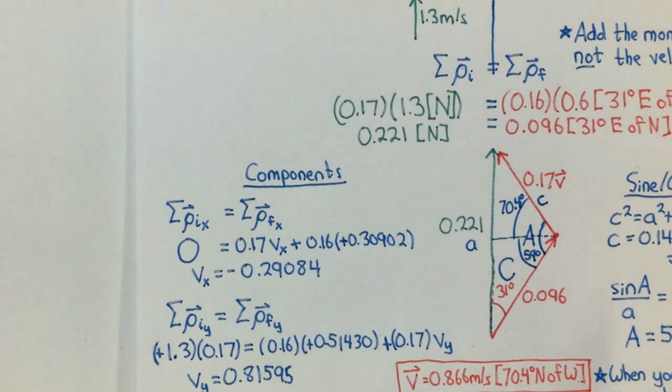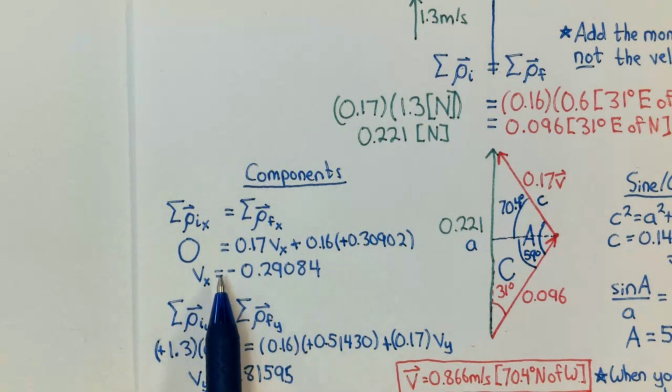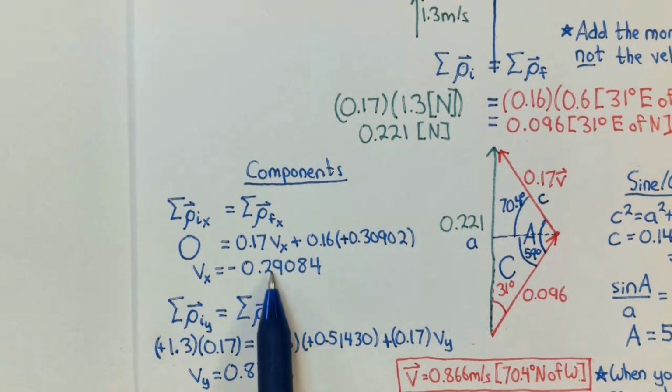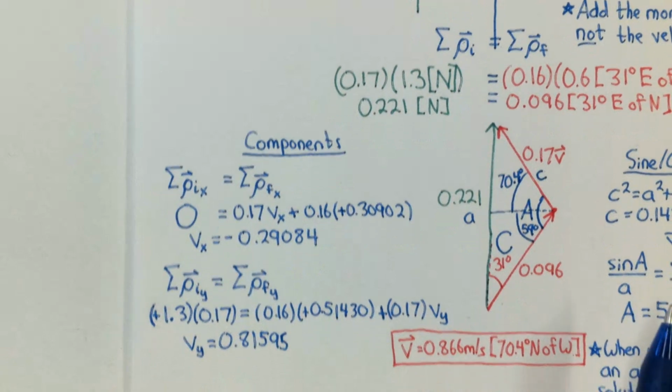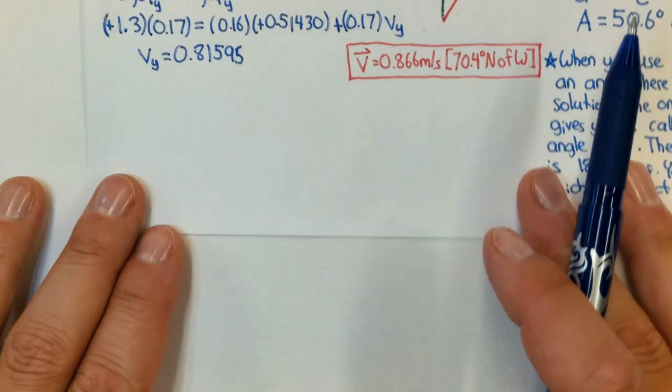Okay, so by applying conservation of momentum just in the x direction to the x components, I found the x component of my velocity. And by applying conservation of momentum just in the y direction to the y components, I found the y component of my velocity. So to get the total velocity, I just need to combine these two together, and a quick right-angled triangle will help me do that.